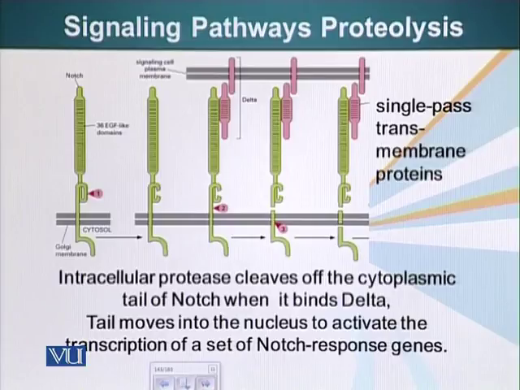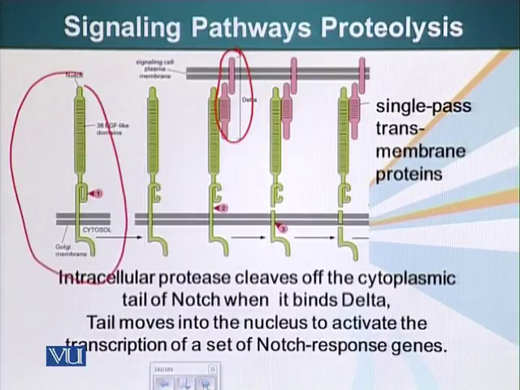Here you can see it in enlarged form. Here is Delta, which is being expressed by the cell which is going to become a nerve cell, and here we have Notch. I would like to point out that mature Notch goes through 3 cleavages.